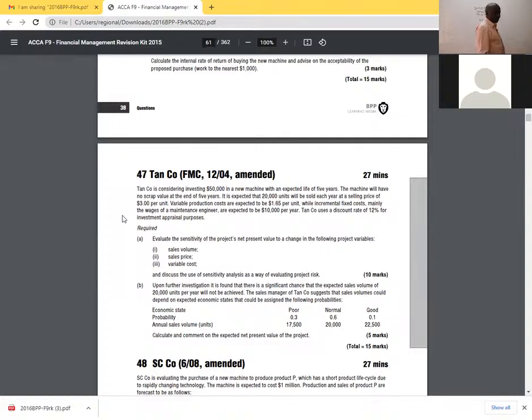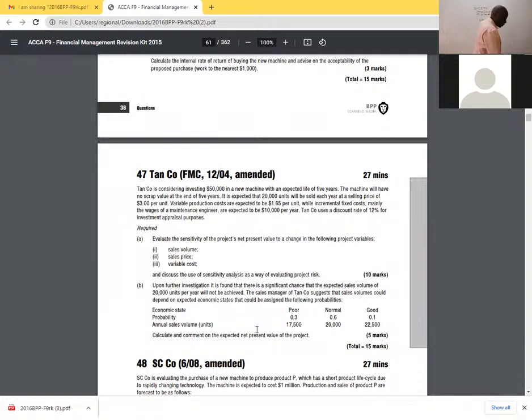It is expected that 20,000 units will be sold each year at a selling price of 3 per unit. Variable production cost is 1.65 per unit, while an incremental fixed cost, mainly the wages of a maintenance engineer, is expected to be 10,000 per year. TAN company uses a discount rate of 12% for investment appraisal purposes.